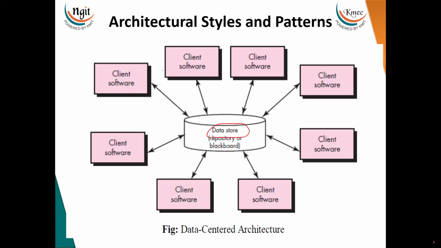You can observe that the database is residing at the center of this particular architecture, and it is being accessed frequently by the other components, like to update, add, delete or modify the data within the store. Clear. So here you can see the data store, which is associated with the client software, which is being accessed frequently by all those connectivities.